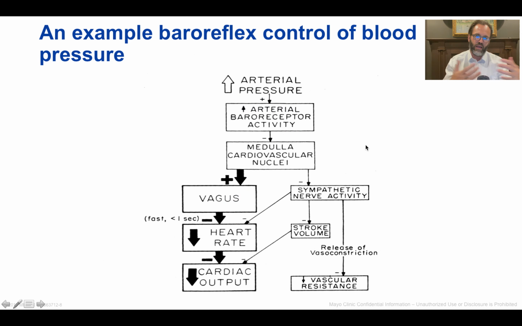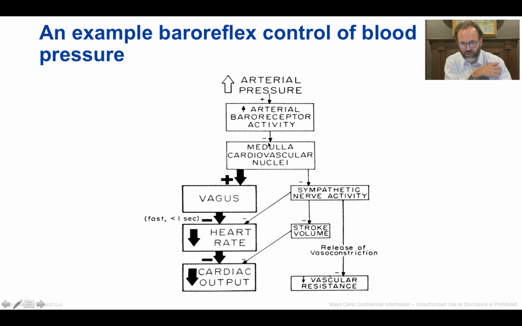And so if we look at an example of baroreflex control of blood pressure, that's depicted here, where, for example, if we have an increase in arterial pressure, we'll have an increase in arterial baroreceptor activity. That increase in activity is going to result in an inhibitory signal going to the medulla and the cardiovascular nuclei within the brainstem.